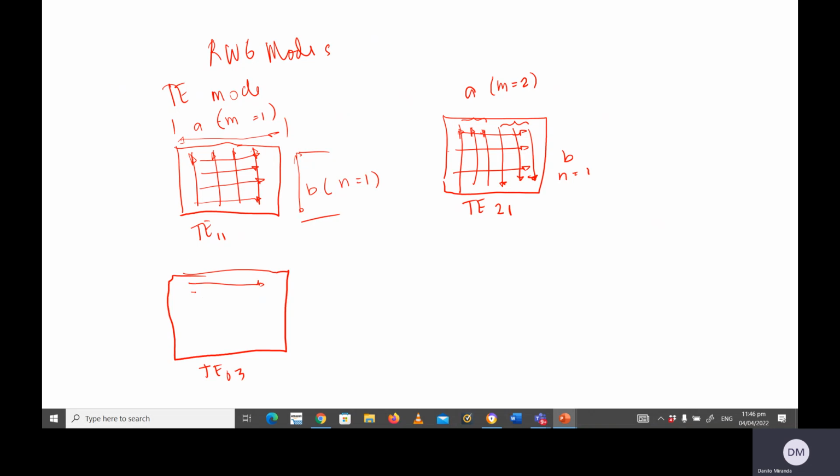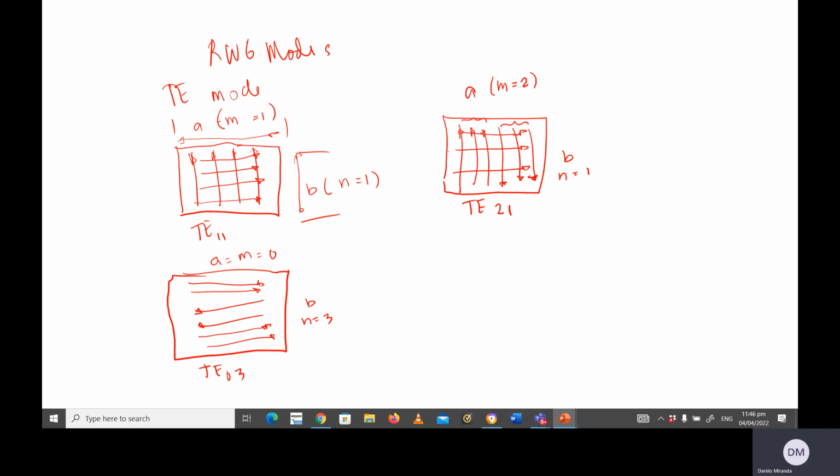This is your 1. This is your another one. Then this is your third one. Ayan. So, your A here is equal to M is equal to 0. And this is your B, your N is equal to 3. Okay? So, that is your TE. No? Ganyan nangyayari sa loob ng waveguide actually.